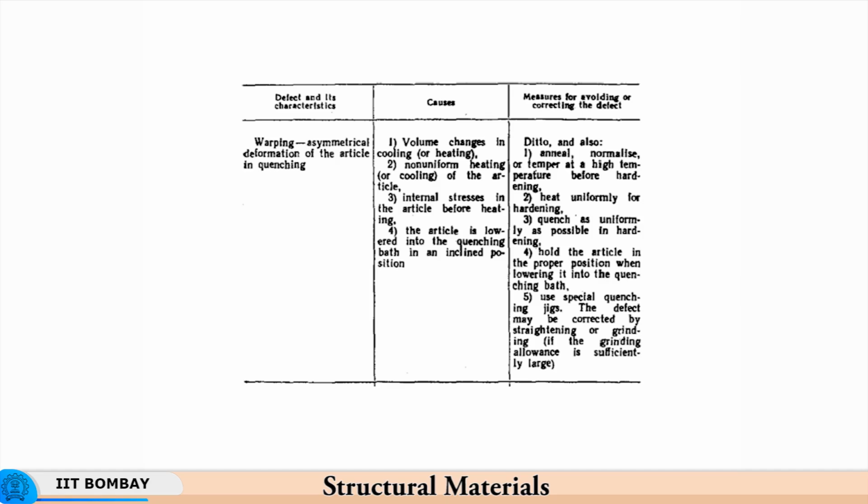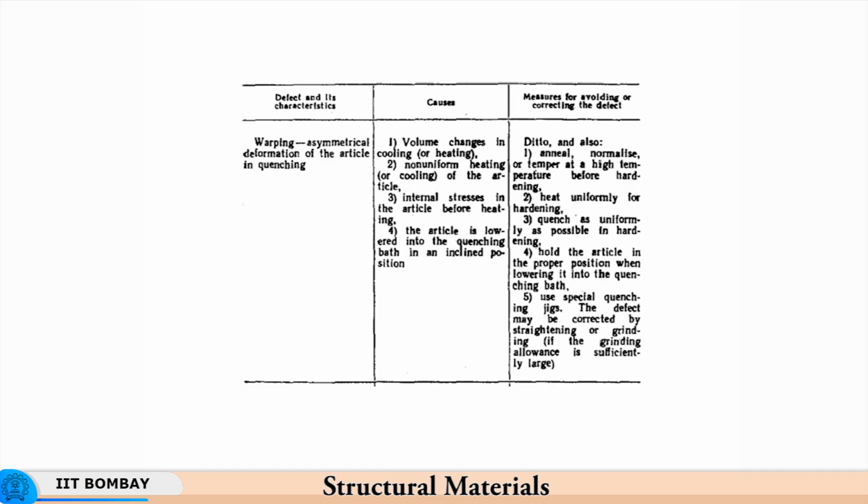So, this is how you find that there is warping which has taken place, that is, asymmetric deformation of the article in quenching. The change in shape is not symmetric, it is asymmetric, and due to which you find the article in a warped condition.